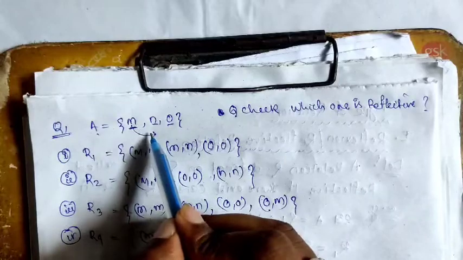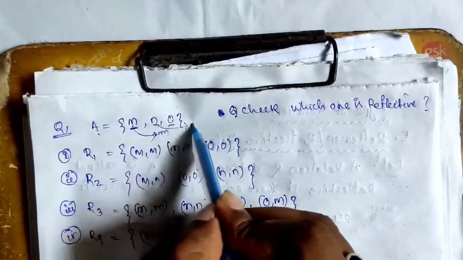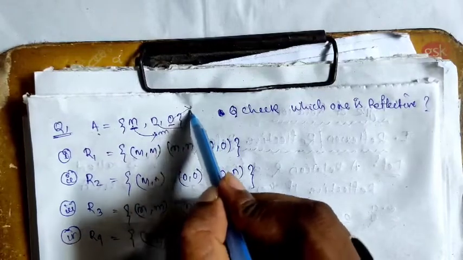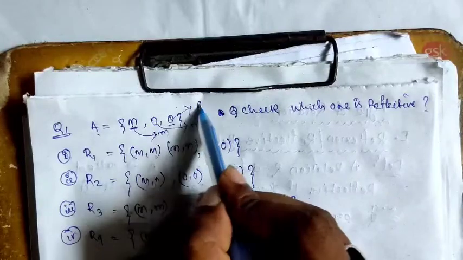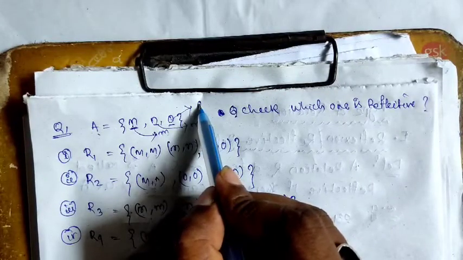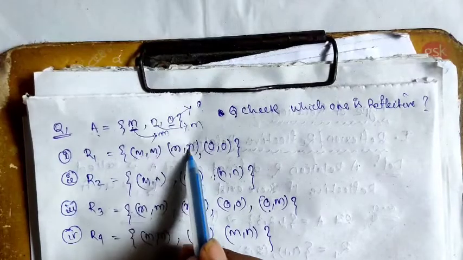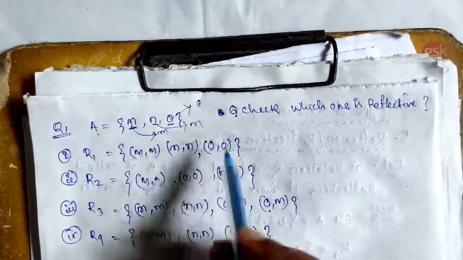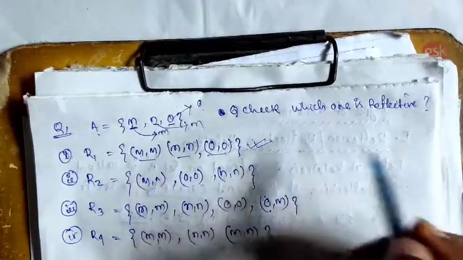Means M should map with M, N should map with N and O should map with O. So these ordered pairs must be present in a relation. So we check the (M,M), (N,N), (O,O) ordered pairs. All 3 ordered pairs are present. So it is a reflective one.